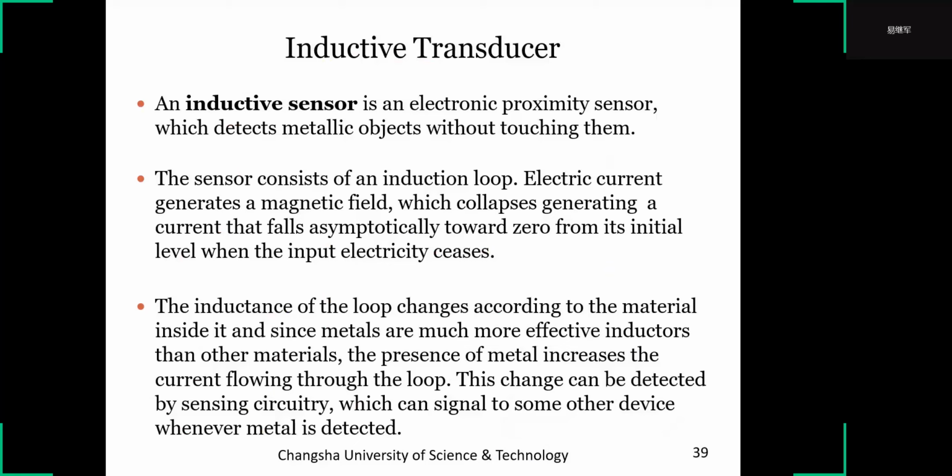Inductive transducer. An inductive transducer is an electronic proximity sensor which detects metallic objects without touching them. The sensor consists of an induction loop.